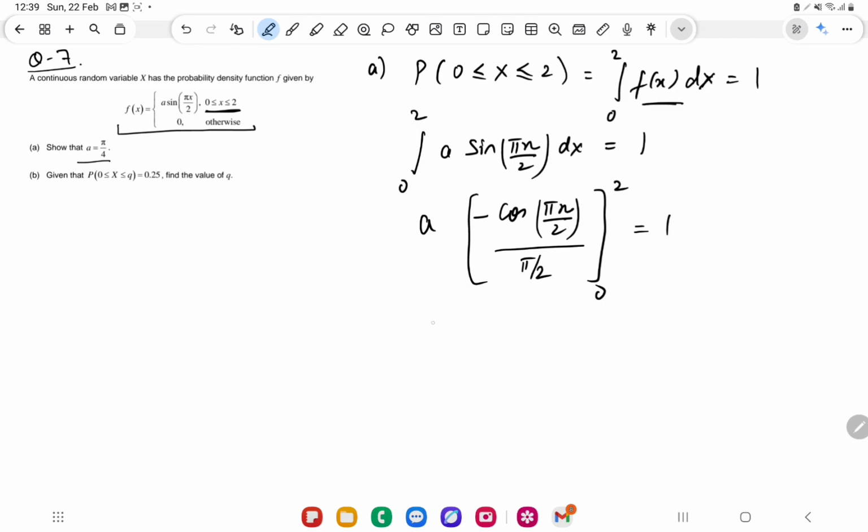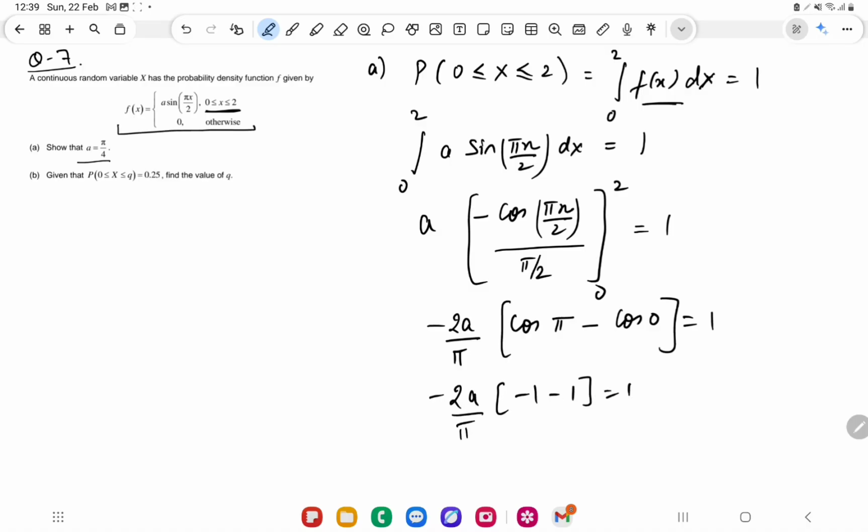Now on further simplification, I can write it as minus 2a upon pi, and I can put my limit. So this will be cos pi, if I put upper limit as 2, minus lower limit 0, that is equals to 1. I can write it like this. Cos pi is minus 1, cos 0 is 1. So I can write it as 4a upon pi as 1, which will give a value as pi by 4. This is what we have to show.